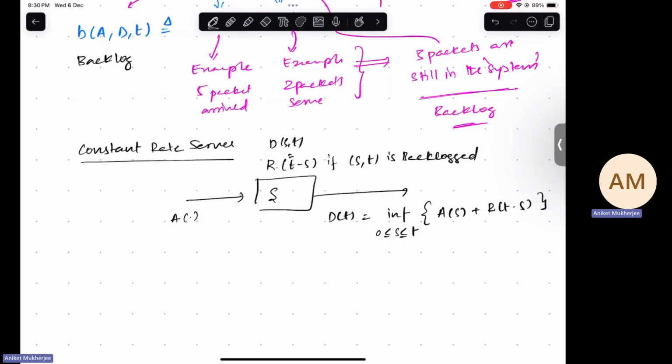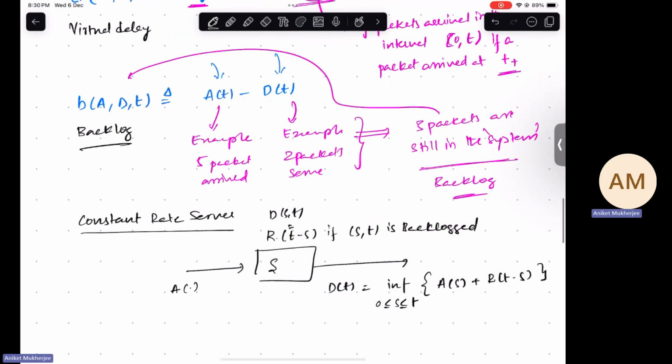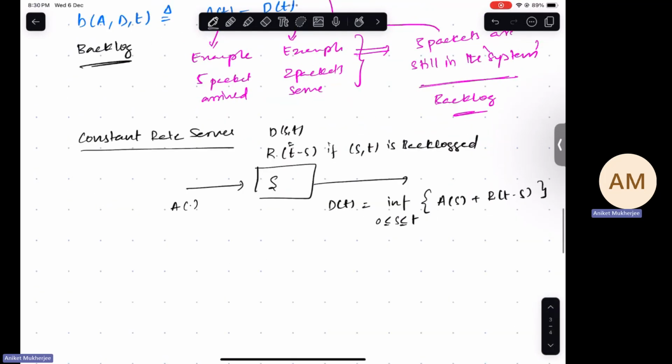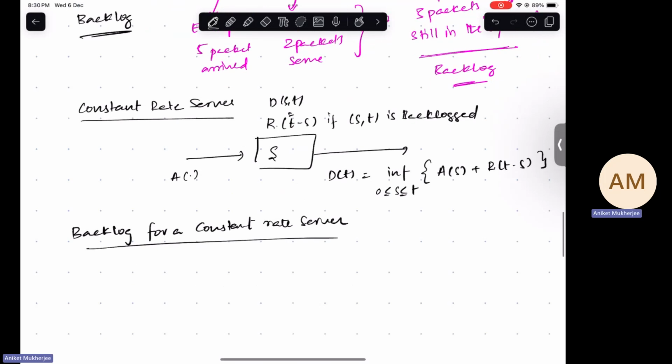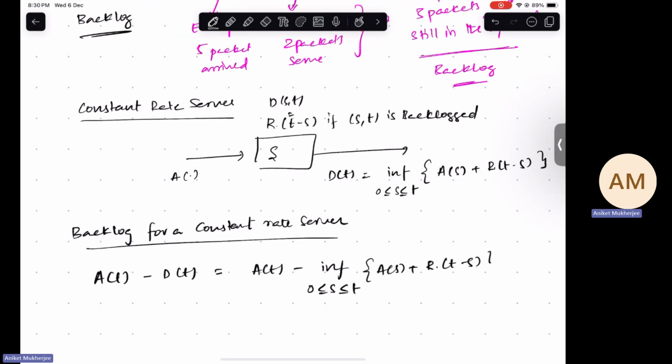Okay, so if we know this, then could we try to find the backlog for a constant rate server? So the backlog for a constant rate server would be just A(t) minus D(t), which is equal to A(t) minus inf over 0 ≤ s ≤ t of A(s) plus R times (t minus s), right?